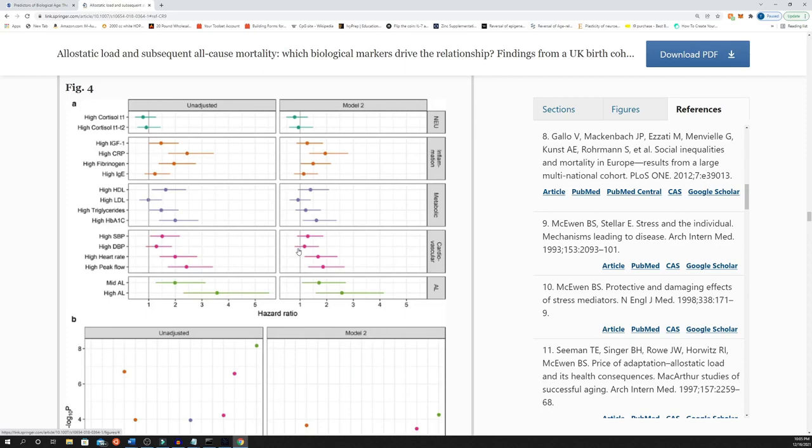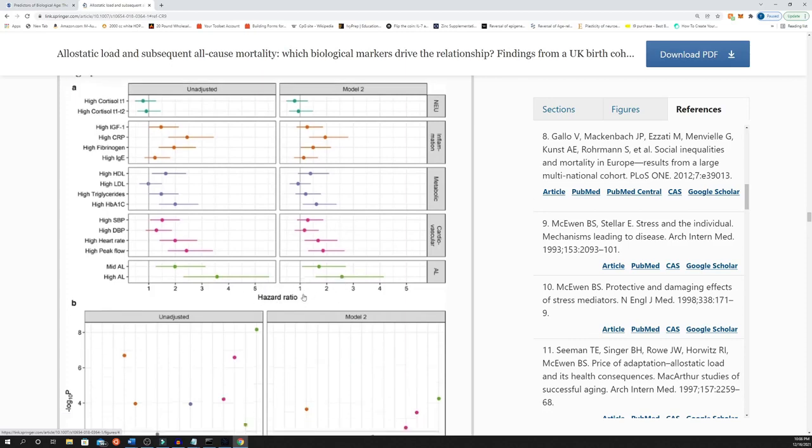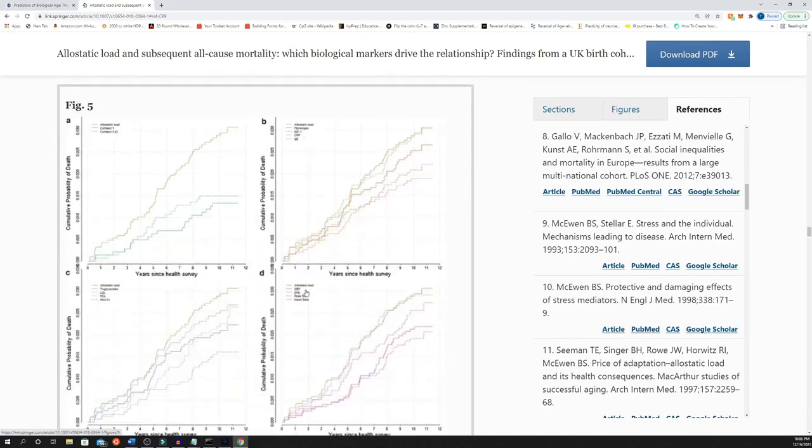And so when we look at the physical measures, heart rate and peak inspiratory flow. So this is pretty interesting to me, at least. CRP, fibrinogen, hemoglobin A1C, high heart rate, and high peak inspiratory flow are all significantly associated with increased mortality risk. So they all have a hazard ratio above 1, and they are all statistically significant. So that's pretty interesting to me.